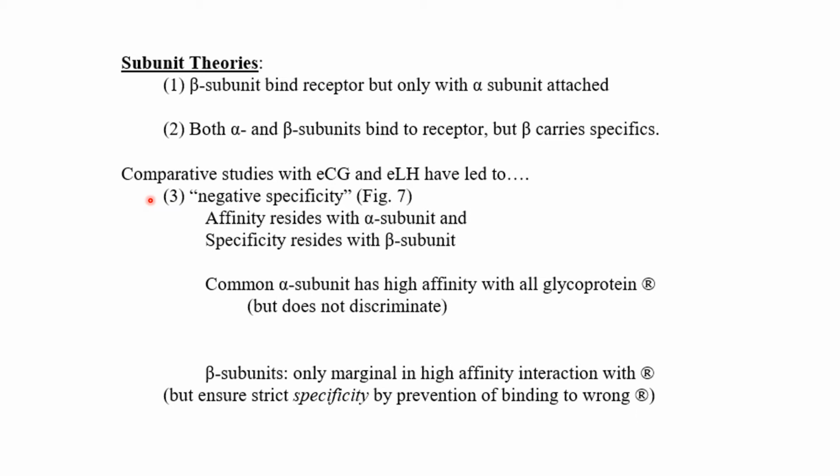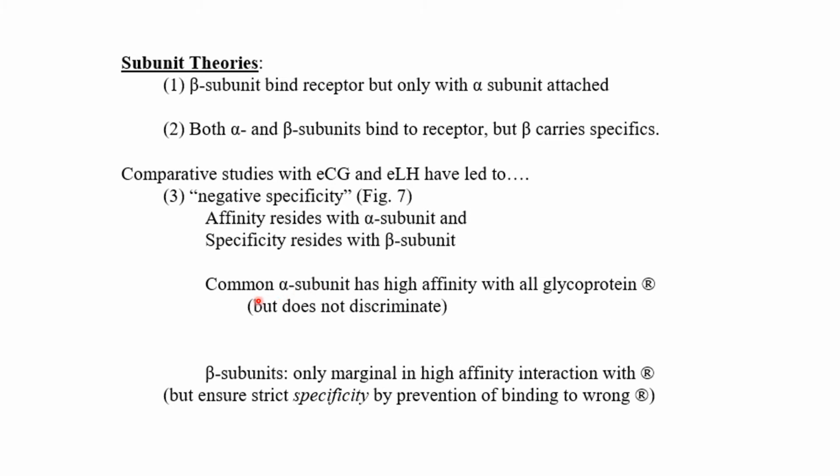Okay? So there's no discrimination by the alpha subunit. The alpha subunit simply loves those 7 transmembrane domain receptors, and that will bind. So in theory 3, the alpha subunit has high affinity with all glycoprotein hormone receptors.